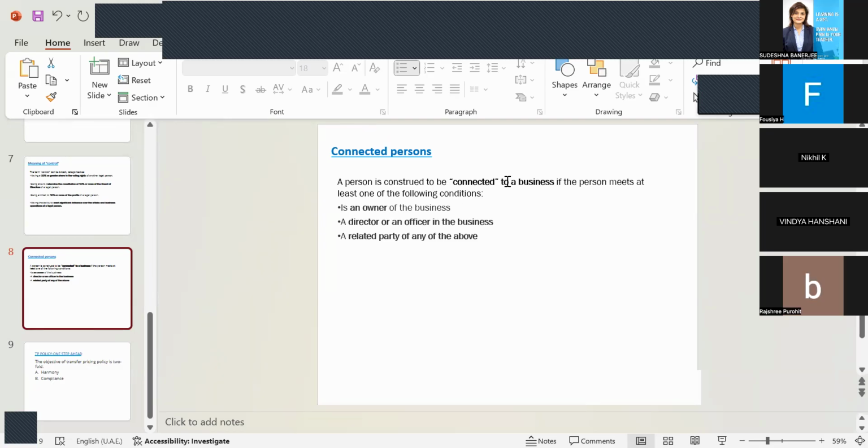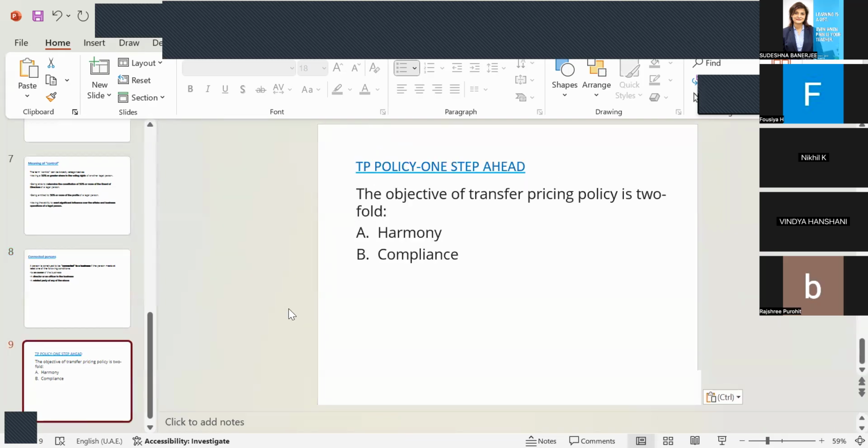Under connected to a business, it can be an owner, director, or related party of any of the above. Transfer pricing rules are basically implemented to ensure harmony and compliance between enterprises which are transacting on a regular basis, and to ensure that transactions are made at an arm's length price.